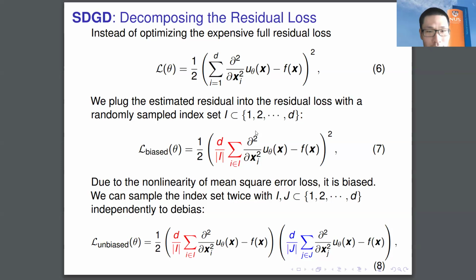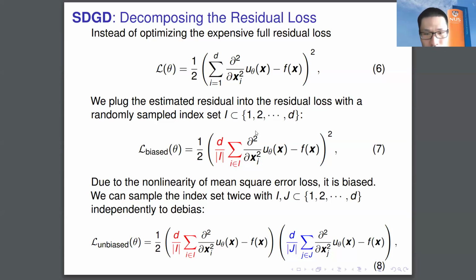So we can plug the estimated random residual into the residual loss with an index set I. In equation 7, we plug our previous residual random estimator into the loss function. So we are minimizing the loss in equation 7, and in expectation we are minimizing the full residual loss.